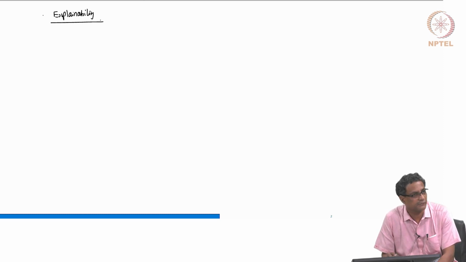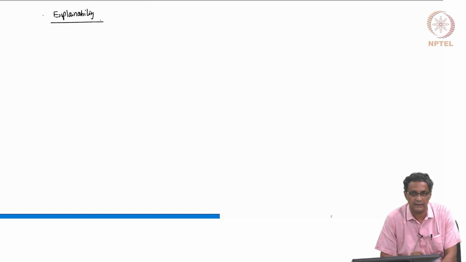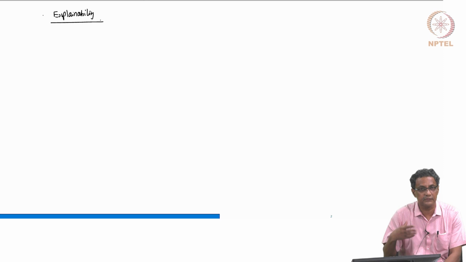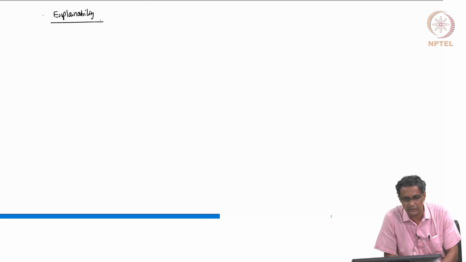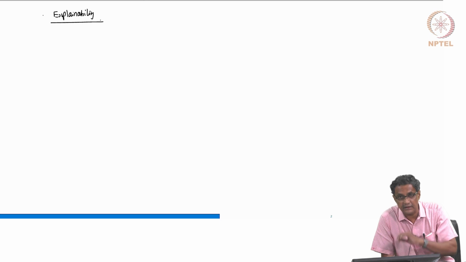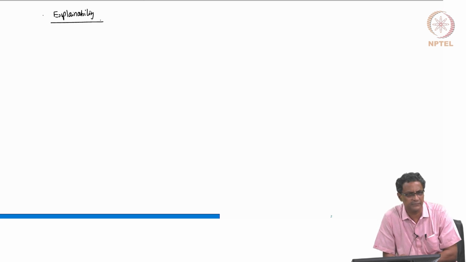It's not enough if you simply show that you're able to meet your target, that you have built a network which can solve the problem, but you have no insights into why that is going on. That's why you have these ablation studies. Somebody wants to know what happens if this term is not there, what happens if this layer is not there, if you remove it, why do you really need it there, and so on. So this explainability is again very important. Otherwise you are just solving something like a black box.